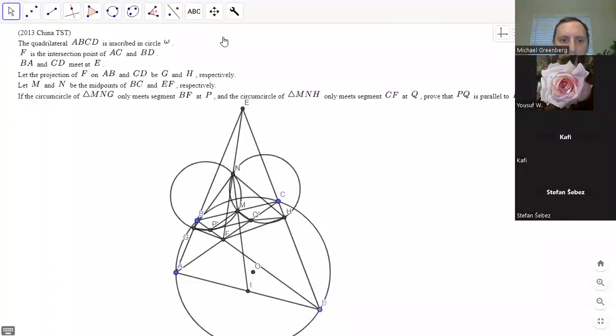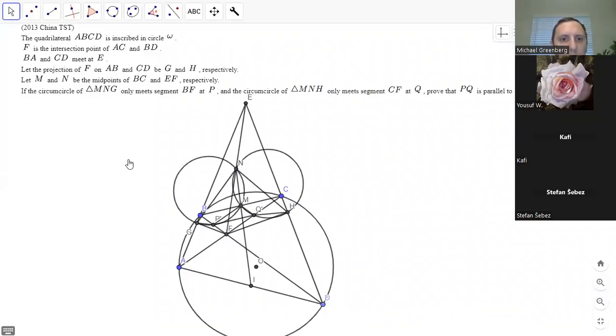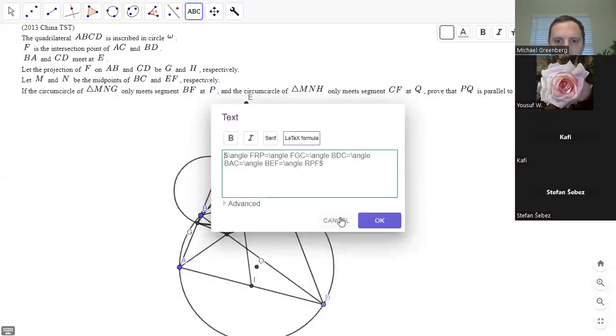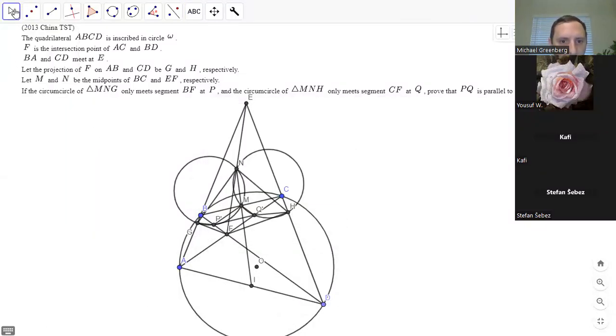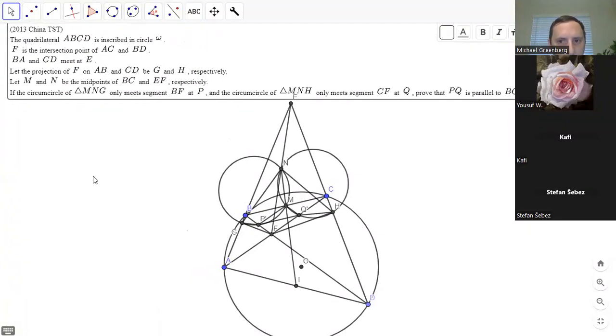So I'm going to... yeah, I wrote the angle chase. Whoops, sorry, I didn't mean to do that. Yeah, the angle chase is really long, but P should basically be P prime in that angle chase, right? Yeah. Okay. So let me just write it out.